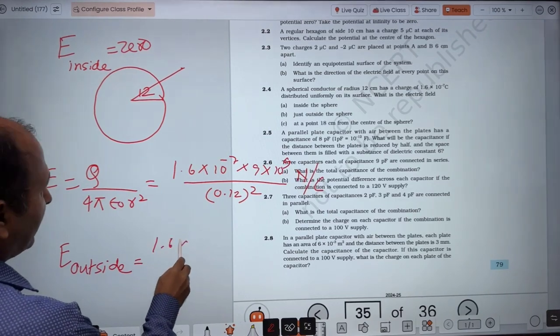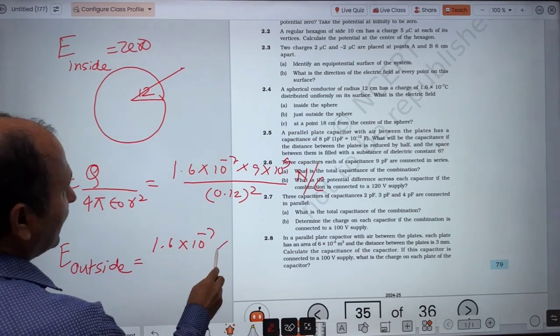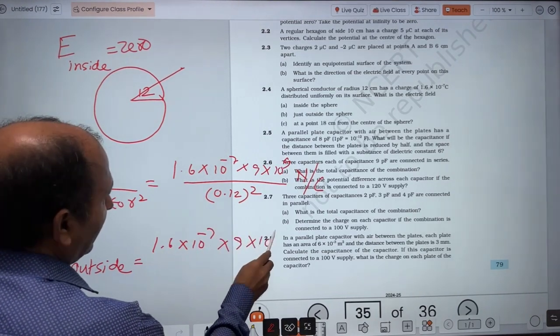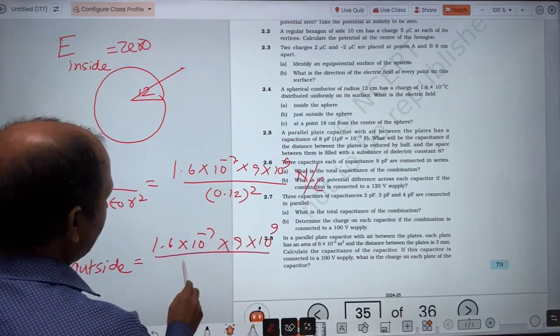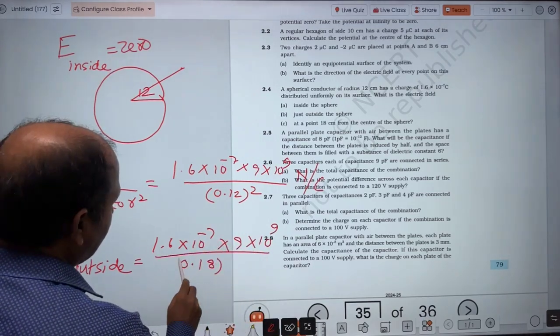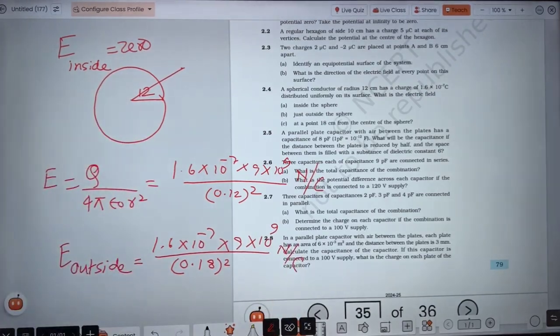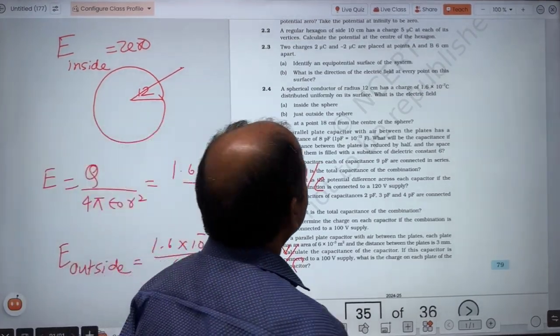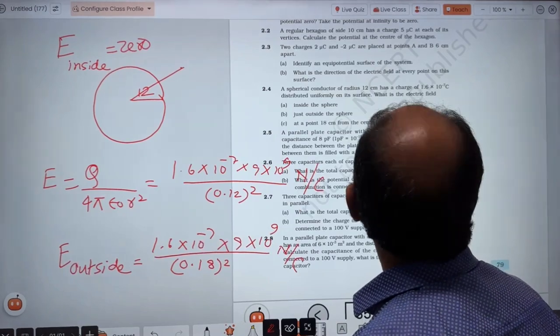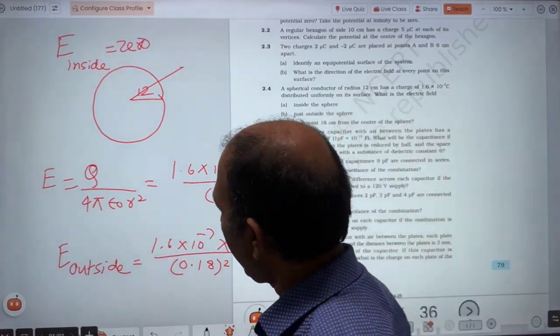Okay. Now we are going to take another question. Next question says, a parallel plate capacitor with air between the plates has a capacitance of 8 picofarad.